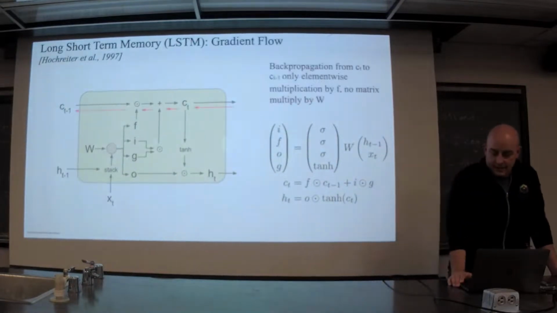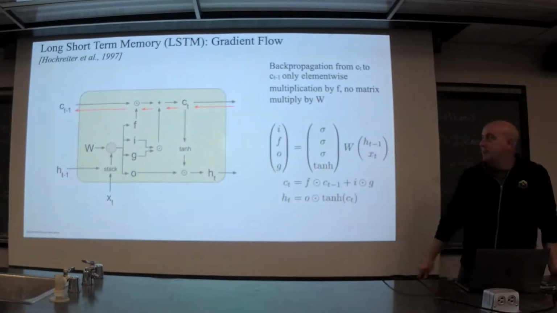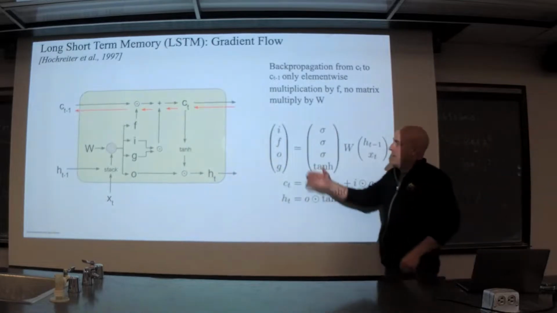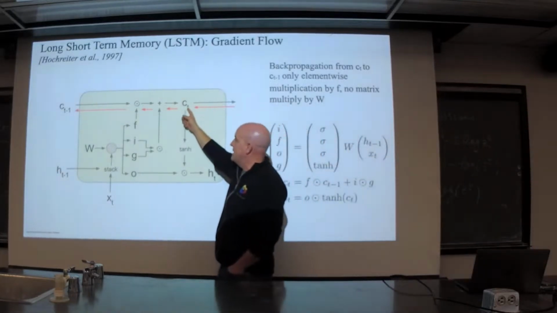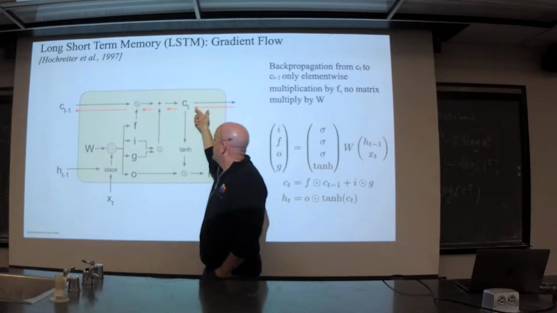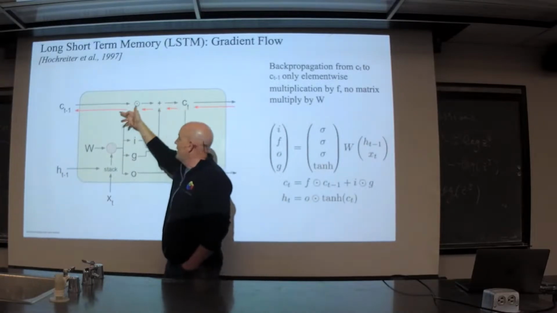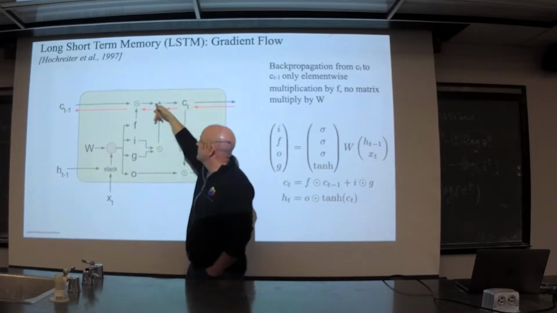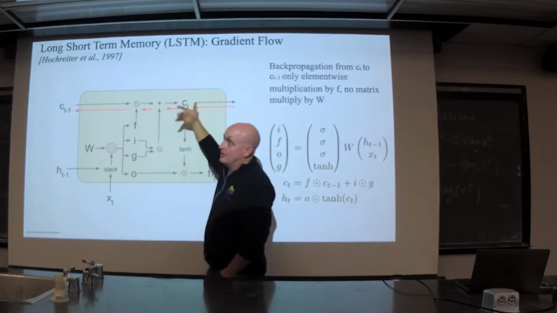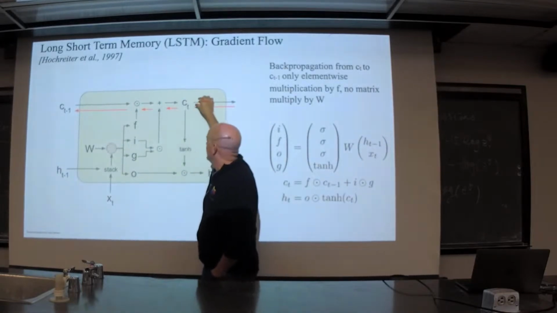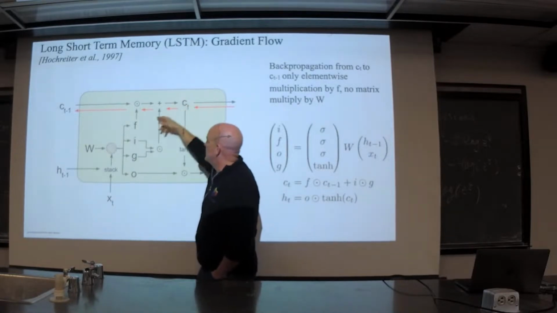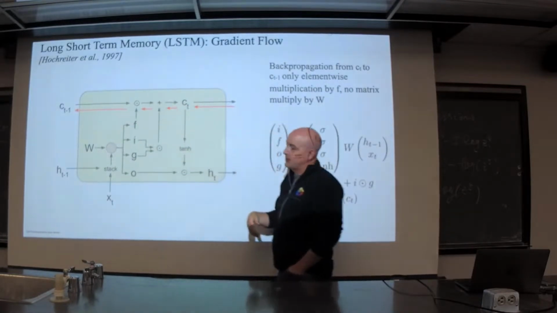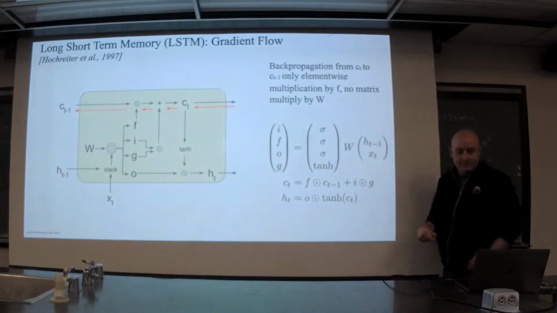And when we backpropagate from the signal here, we backpropagate from CT to CT minus 1, there's a very direct track, this backpropagation track from CT to CT minus 1 that doesn't pass through a matrix multiplication.